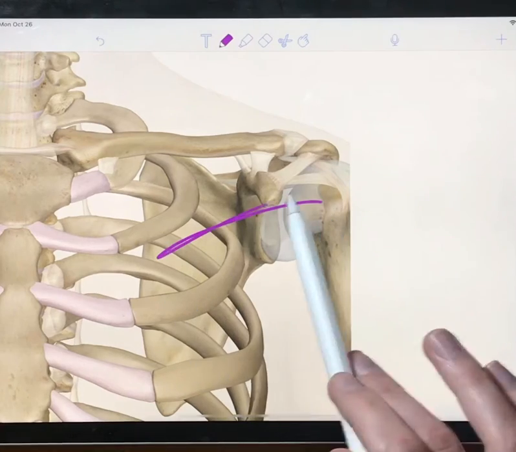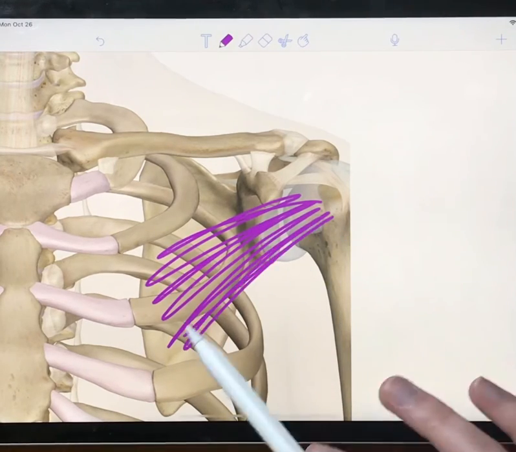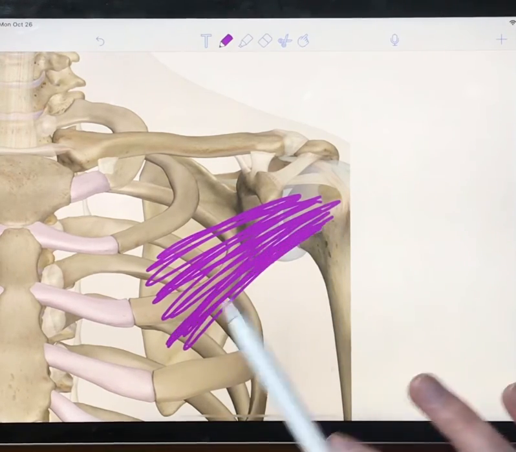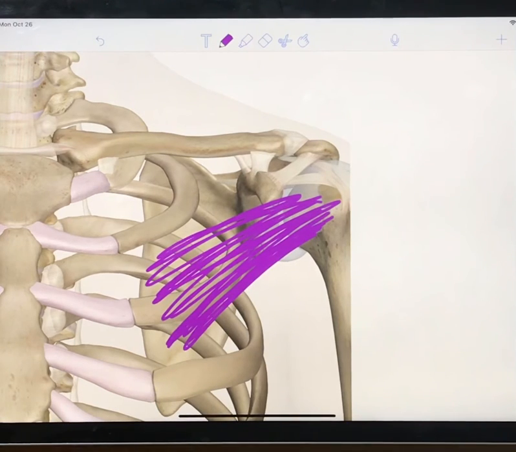This is the only one of these muscles that attaches to the lesser tubercle rather than the greater tubercle of the humerus. The striations run in the same direction as those of the infraspinatus, except it is anterior to the infraspinatus. Sub also means below, as in this is also below the supraspinatus.